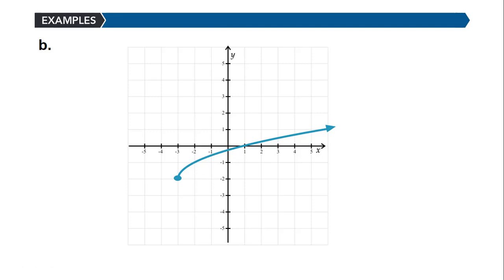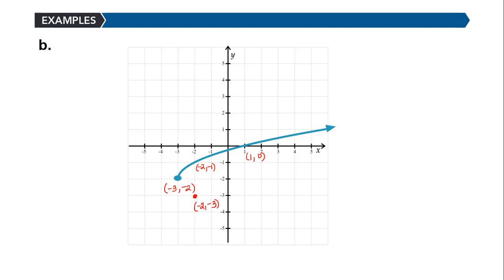Now I have this half parabola that goes through the points (negative 3, negative 2), goes through the point (negative 2, negative 1), and also goes through the point (1, 0). So on the inverse, I need to have the point (negative 2, negative 3).